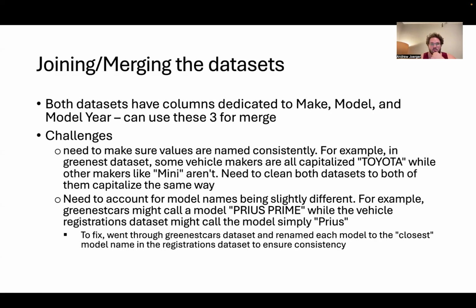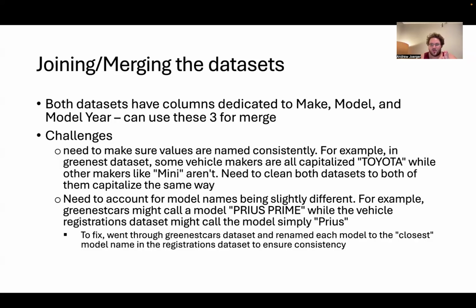Eventually, I had to merge the two data sets together so I could see the green score for each vehicle registered in Washington State. Like I said earlier, both data sets have columns dedicated to make, model, and year, and we can use these three for merging. The main challenge there was needing to make sure values are named consistently. For example, in the greenest data set, some vehicle makers are all capitalized.